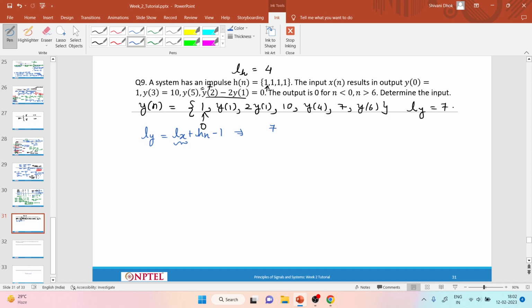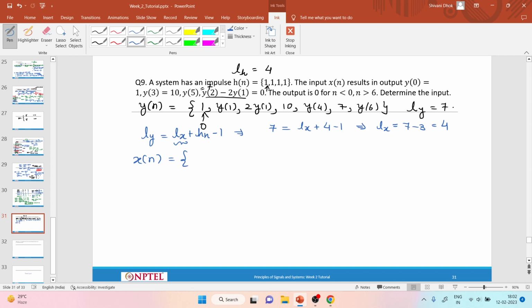So I have 7 is equal to Lx plus my impulse response is of length 4 minus 1, which means that my Lx, that is input, is of length 7 minus 3, which is equal to 4. So basically my input x of n is a 4 length sequence.